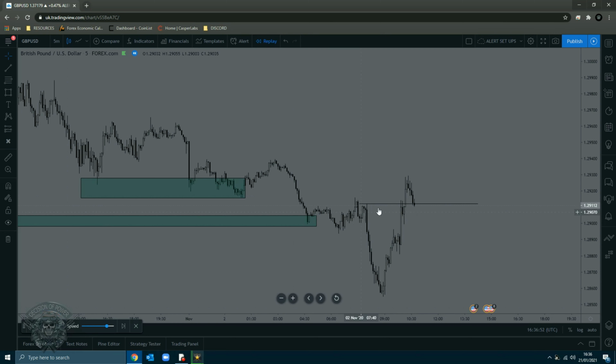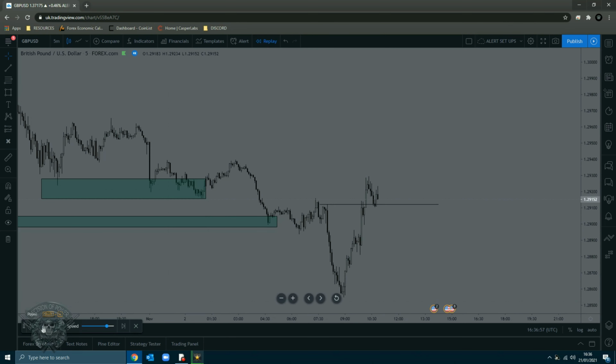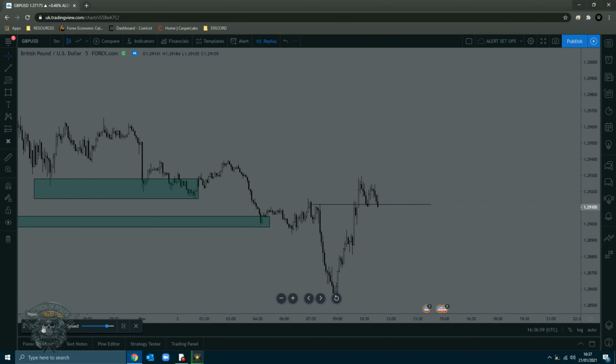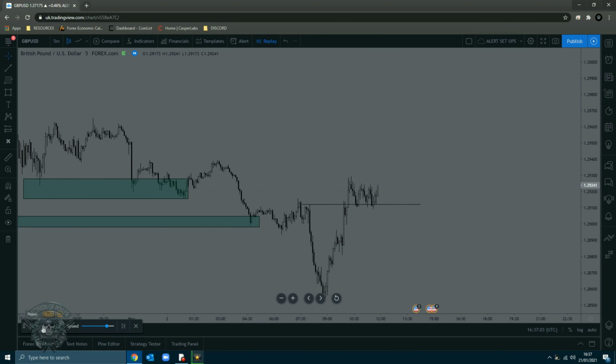Now, I'll let it play a little bit more and I'm going to drop the fibs on it. If you're a Fibonacci trader, like I always talk about in my videos, you'd be dropping the fibs from the low to the high.